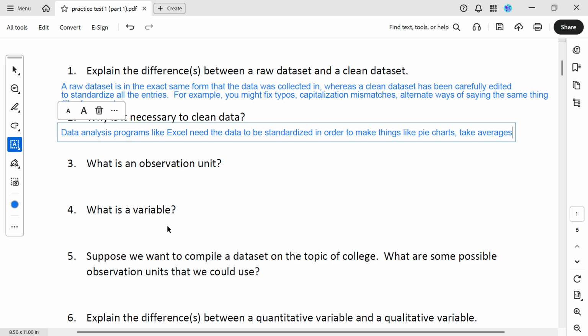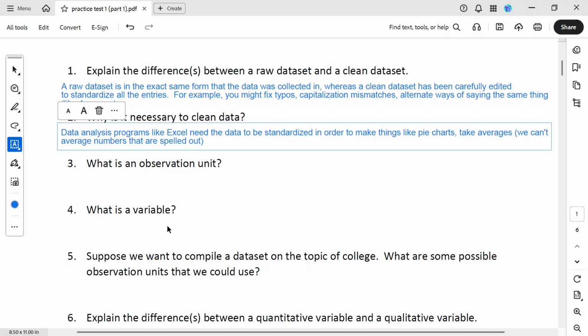Imagine if you try to take an average and it's numbers that are spelled out instead of in digits. We can't average numbers that are spelled out. It's things like that. And it also makes it easier for humans to understand the data.